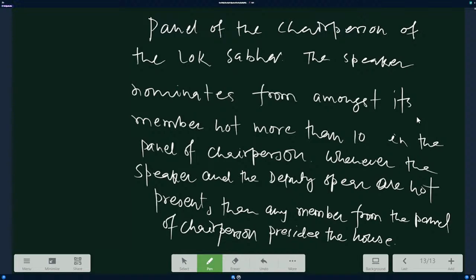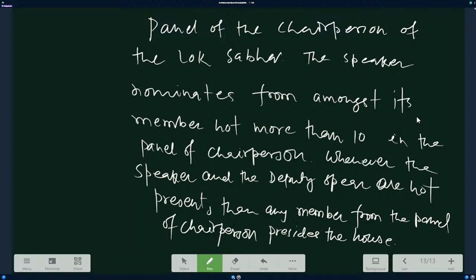Now this Saturday you attempt an exam again on center-state relations. Saturday नहीं, Friday, right? Center-state relations and federalism, जो भी है, right?